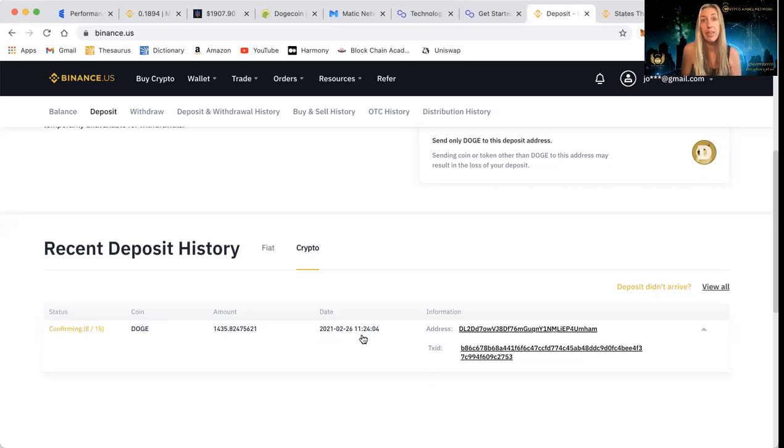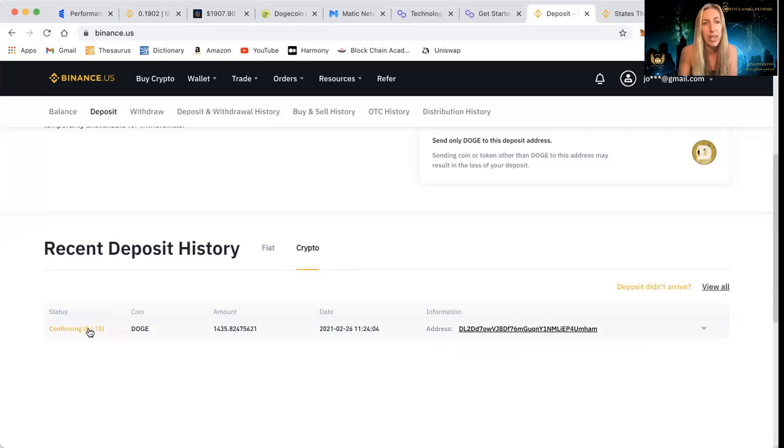And depending on the time of day and the amount of transactions going through the network, right now we've got low volume, it could take up to an hour. So what I'm learning from this is that moving Doge from one wallet to another is not quick. It is not quick at all.